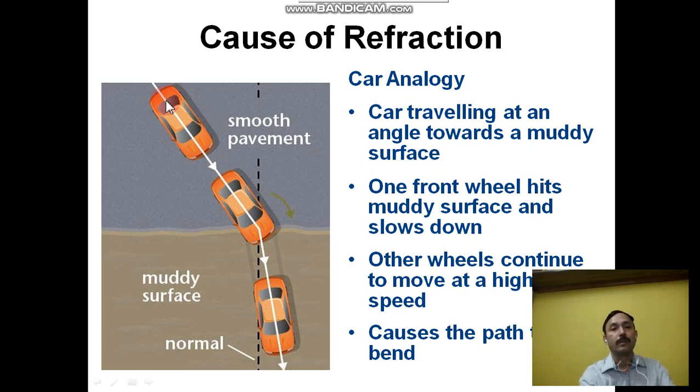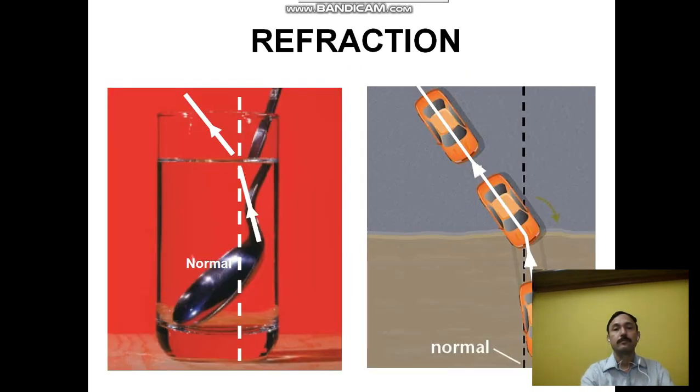This is the angle of incidence of light. This is the rarer surface, this is the denser surface. When light comes to this one, the velocity of the light slows down and it moves towards the normal. This is what we have discussed for water to air.